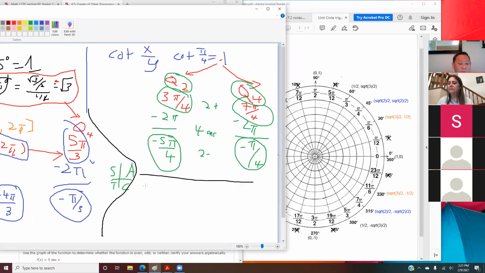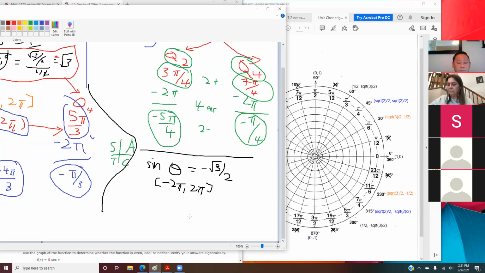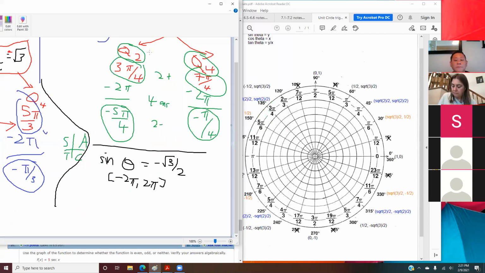I want you to figure out what theta is when sine theta is the negative square root of 3 over 2. Your theta has to be from negative 2 pi to 2 pi. So figure this one out on your own.